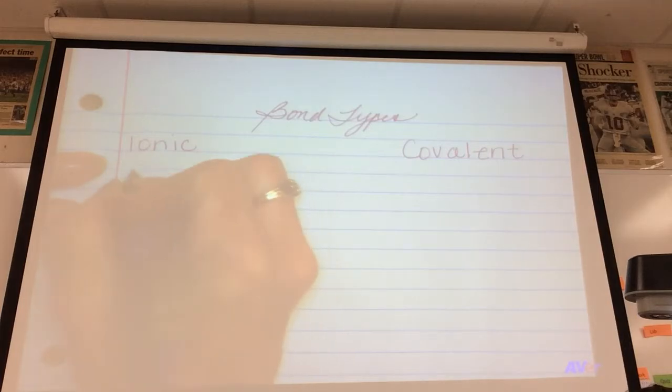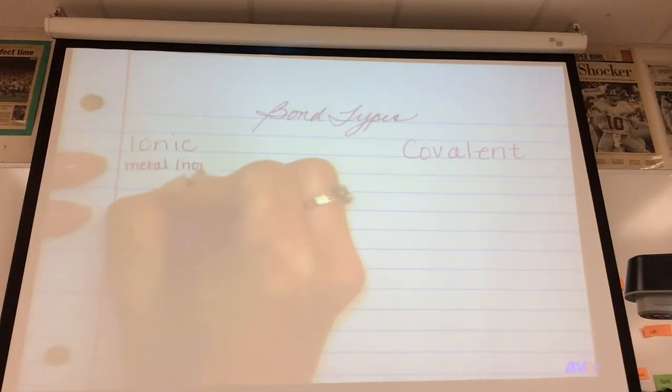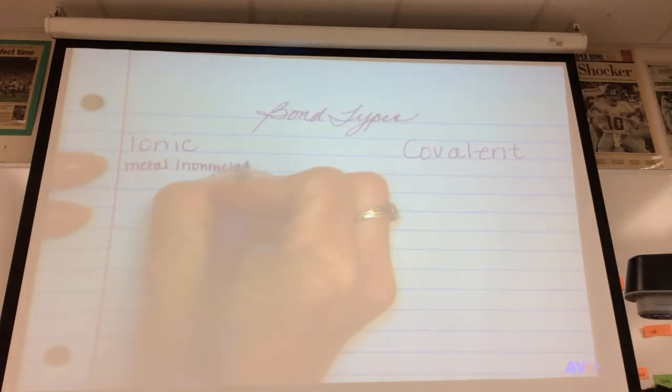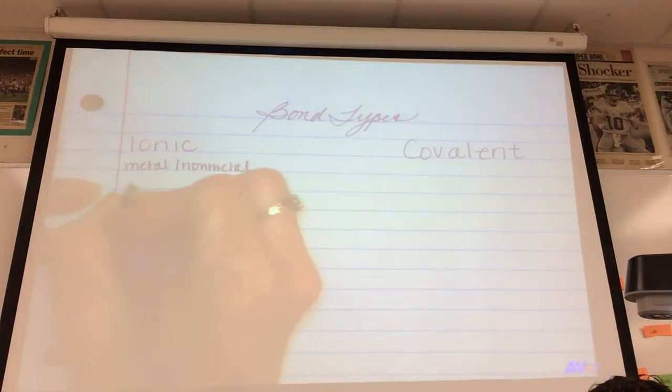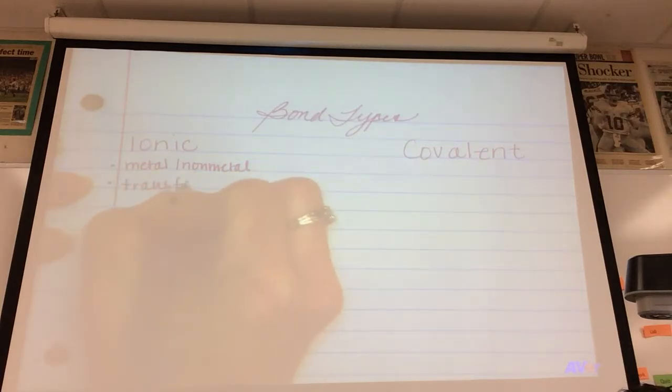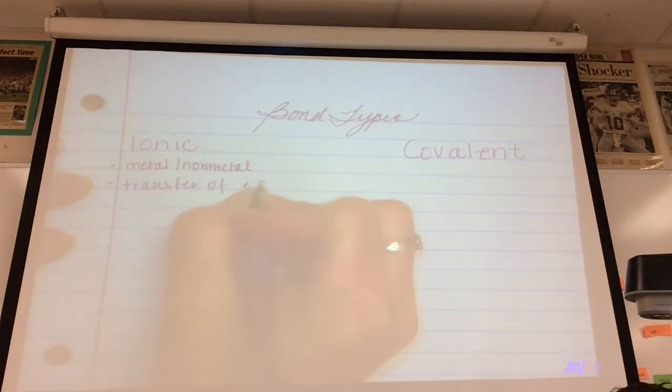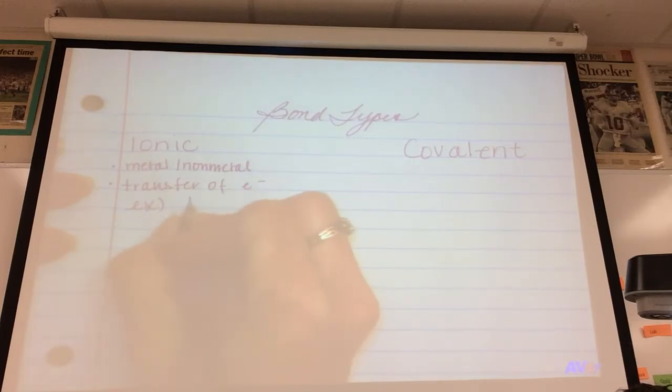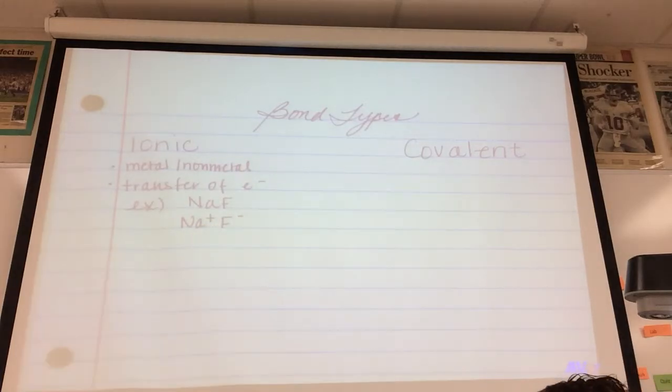With ionic bonds, remember, you're going to have a metal, non-metal. You're going to have ions. You have a transfer of electrons. For example, sodium fluoride, in which you have a sodium ion, fluoride ion 1:1, simplest whole number ratio.